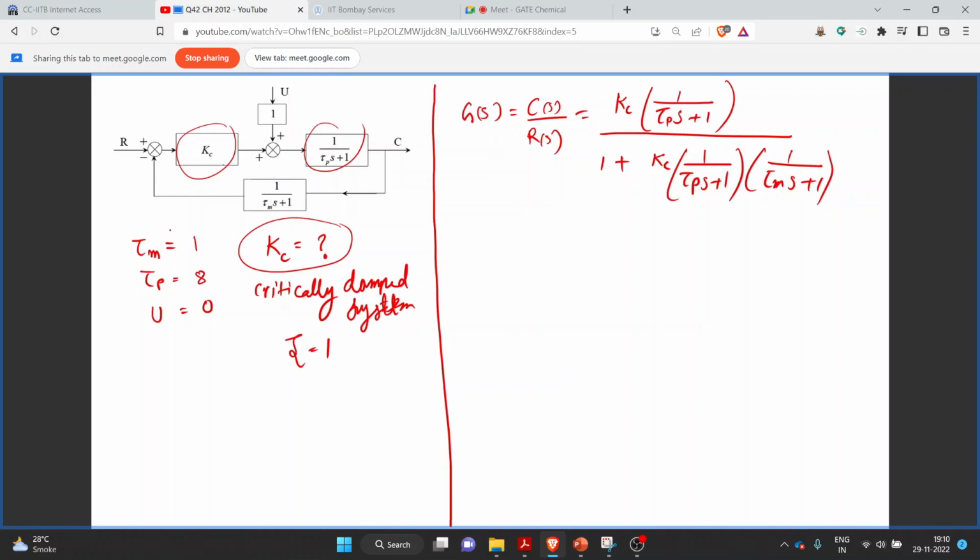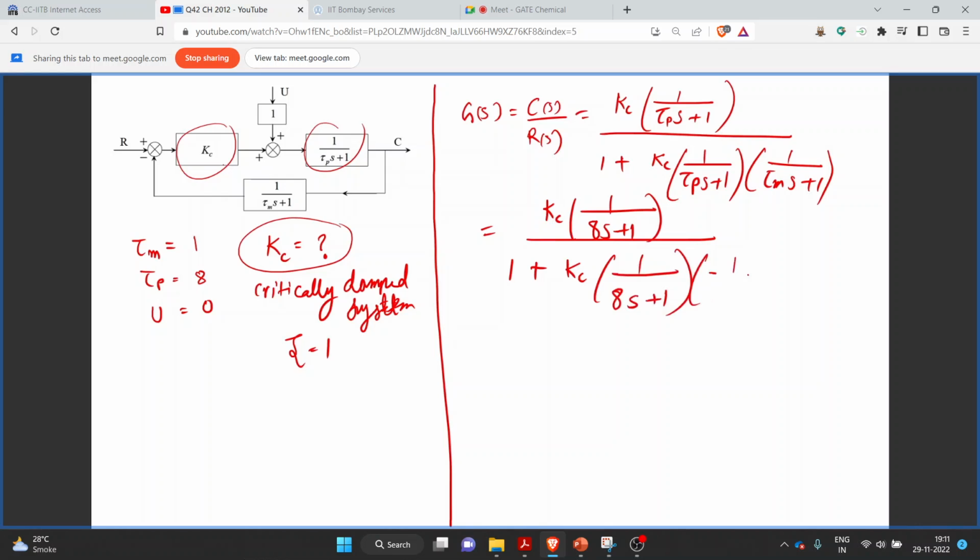We can replace the values of the time constants for the measurement block and process block in this equation and simplify it. So it will become Kc times 1 upon 8s plus 1, over 1 plus Kc times 1 upon 8s plus 1 times 1 upon tau m, which is 1, so s plus 1. Let's simplify this.